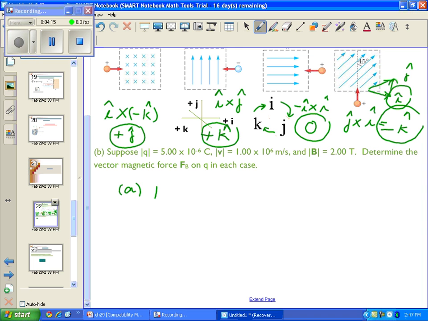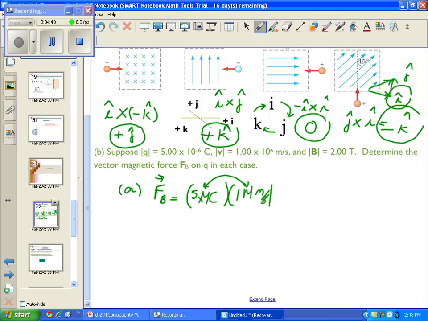So, in the first case, FB is equal to 5 microcoulombs, that's our Q, times 1 megameters per second. And keep in mind here, micro is 10 to the minus 6, mega is 10 to the plus 6.